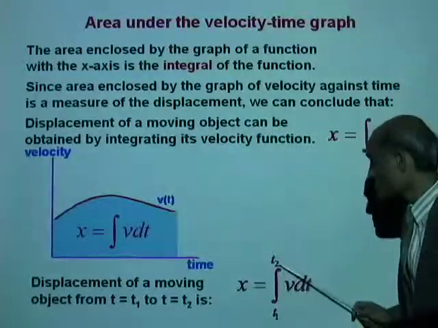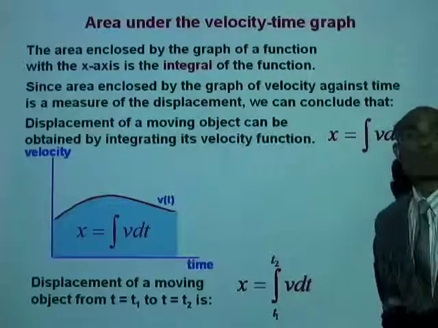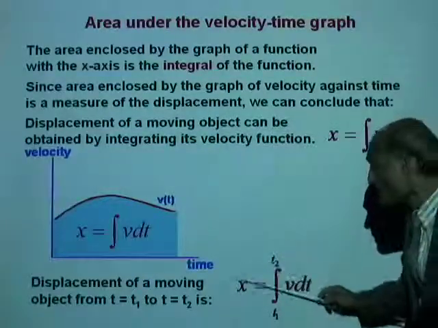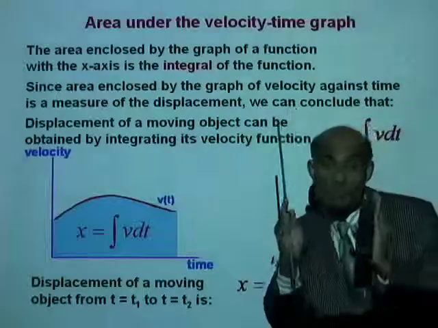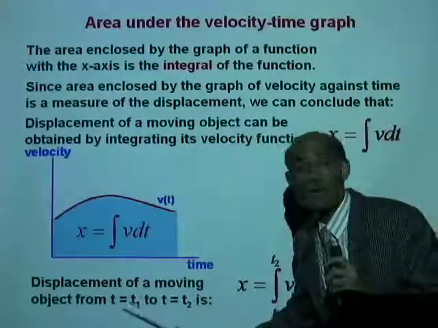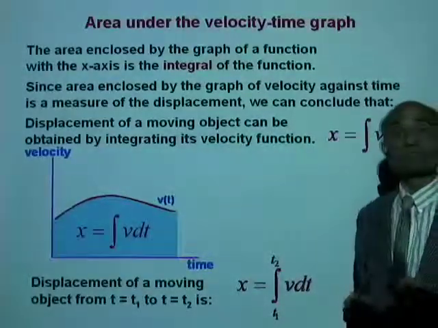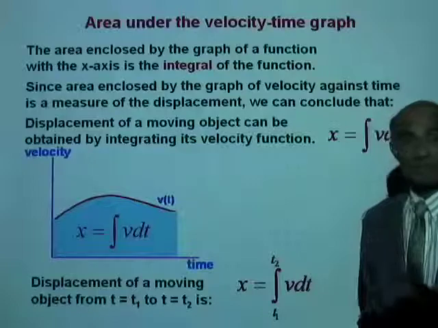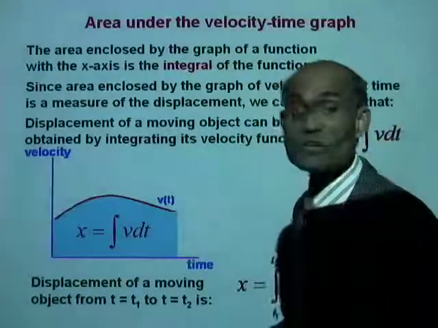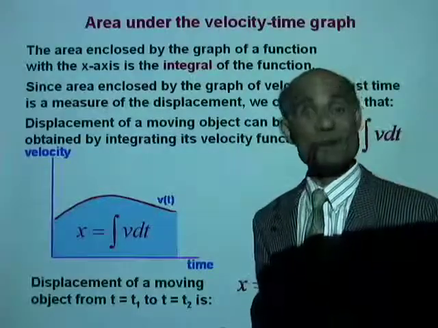So x equal to integral t1 to t2 of v dt. That will give you the displacement of a moving particle from t equal to t1 to t equal to t2. Okay? Well, that's very important information, and we will be using it as we move on.